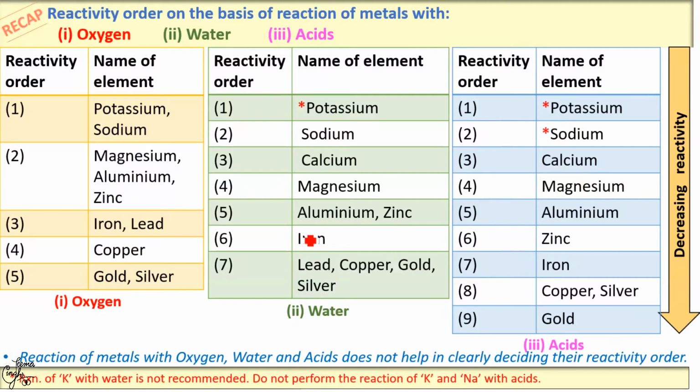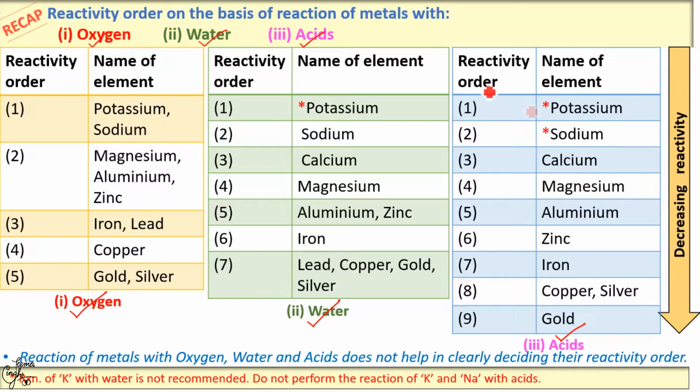On the basis of metals' reaction with oxygen, water and acids, about which we learned in my last 3 videos respectively, we arranged metal samples in decreasing order of their reactivities as shown here. This was the order we obtained when we reacted metals with oxygen, this one with water and this one with acids.